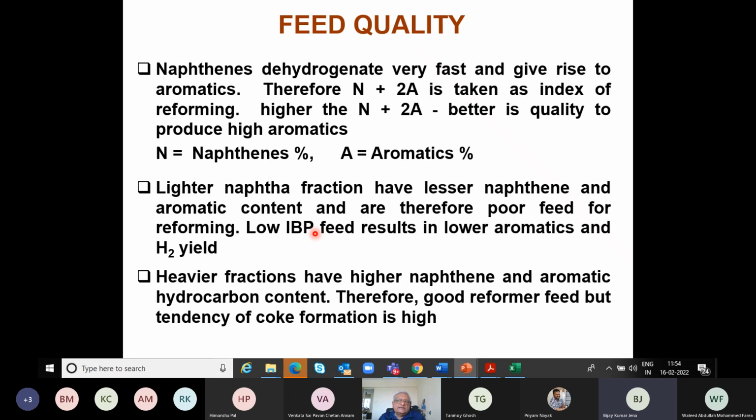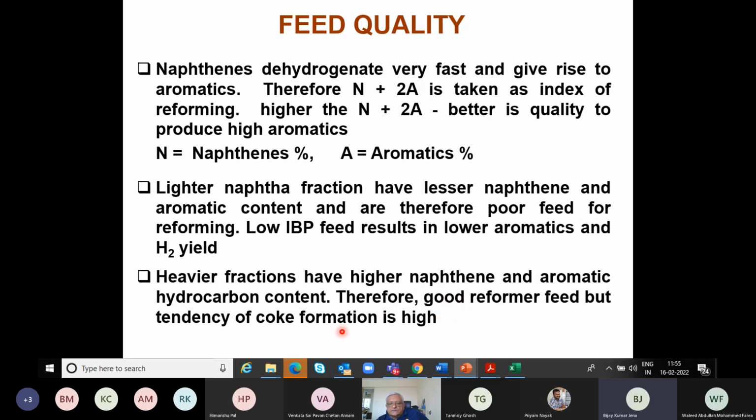So the xylene fractions, like paraxylene, metaxylene, orthoxylene, and ethyl benzene, the C8 aromatics, boil in the range of about 135 to 142. So we keep that boiling range so that we have all the precursors in the feed to make paraxylene. But we try to minimize the heavy fractions, like we keep the endpoint below 160, because with heavier fractions you get two-ring aromatics coming in, like naphthalenes, etc.